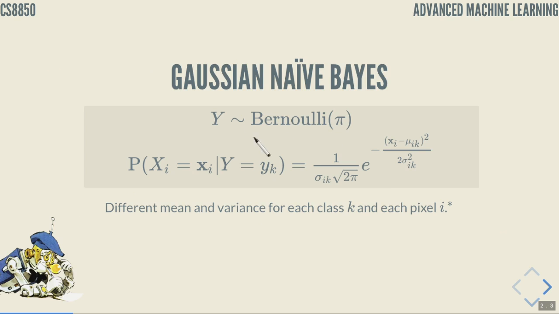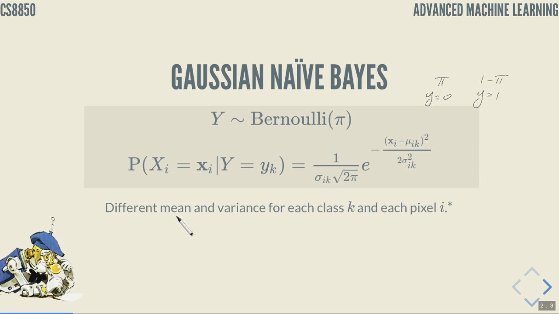Additionally, we will assume that the class prior is just Bernoulli. So with probability pi for two-class Bernoulli, of course, but for multi-class we can use multinomial. Let's not complicate things. Bernoulli, two classes, probability pi that y equals 0, probability 1 minus pi that y equals 1. The usual.